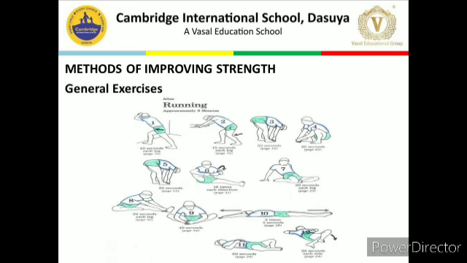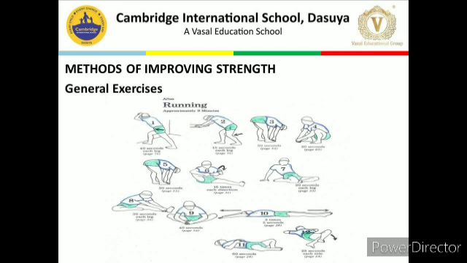This slide is methods of improving strength. Strength improving or developing exercises may be broadly classified as general and specific. So the first point is general exercise. General exercises are performed to prepare the base for general strength, and they are not related to any particular sports techniques.